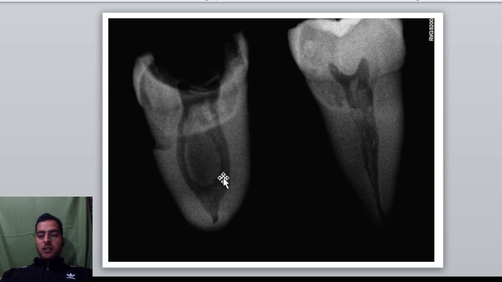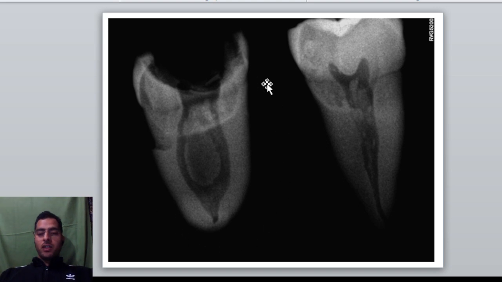What happens here when you prepare this tooth? Only a single gutta-percha cone will go to the apex and the other one will be short. It will just stop here. So you don't have to fear that. In most cases in the mandibular molars, particularly in the mesial roots, this type of root canal anatomy is present.